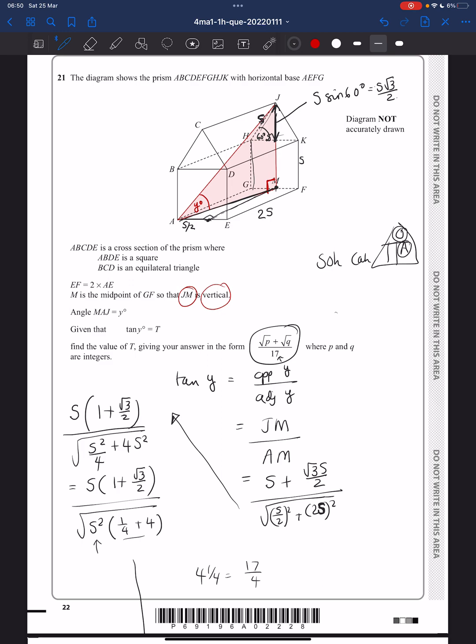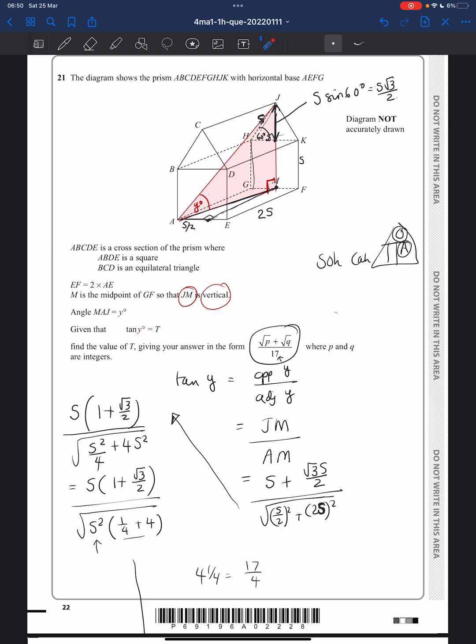Right, let's just go through this again. 60 degrees, sine 60, S squared. Yep, that one's right. E to F is 2A to E, but M is the midpoint and we're working with MAJ.